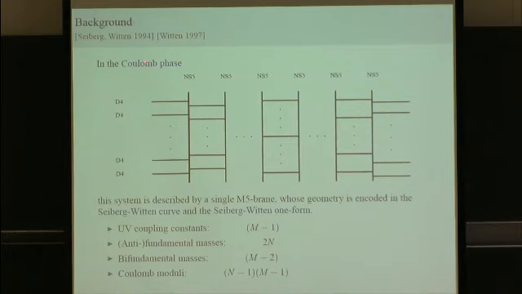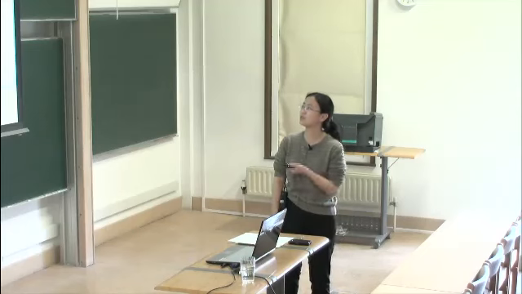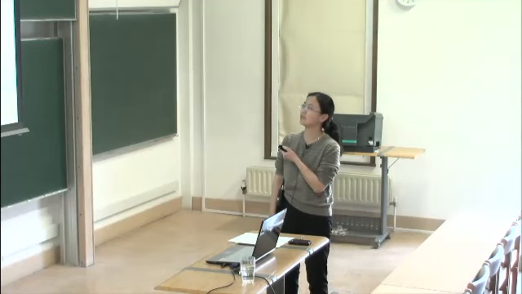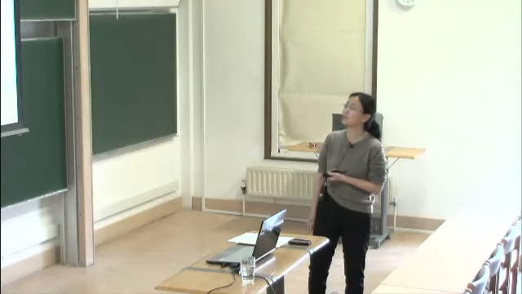And also there are M-2 bifundamental masses that go between the D4 branes here and the D4 branes here, for instance, across an NS5 brane. And also there are Coulomb moduli, which correspond to all the single D4 branes in the middle. So this is a very well-known story.